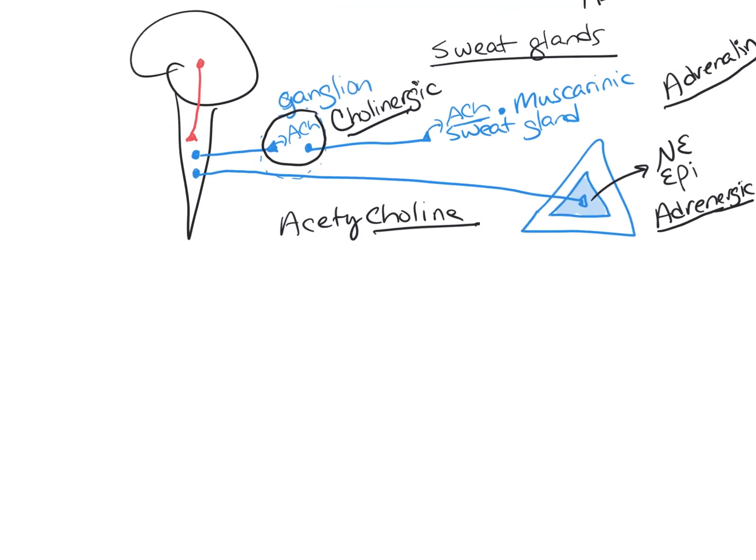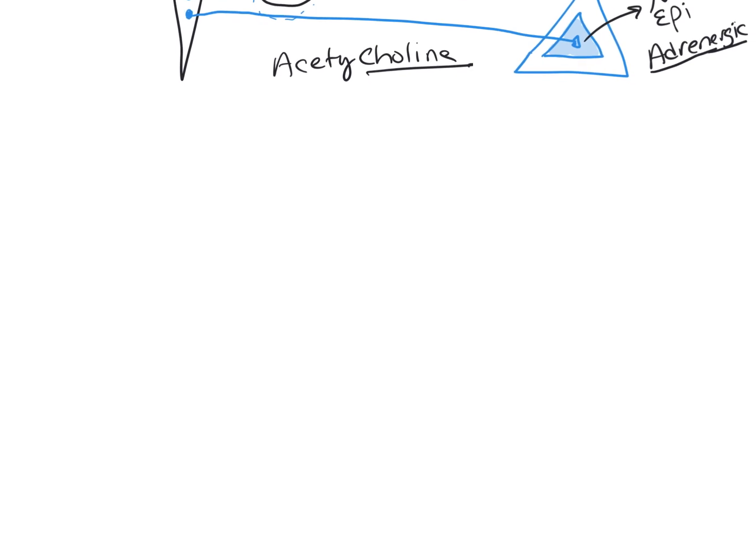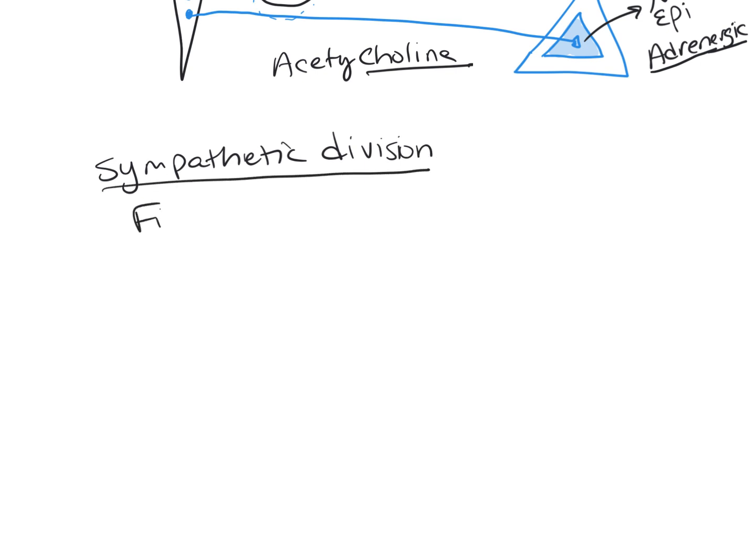Now, we don't want to lose track of the overall big picture with the sympathetic nervous system. This is your fight or flight division. So whenever the sympathetic nervous system is stimulated, you're going to get symptoms of fight or flight.